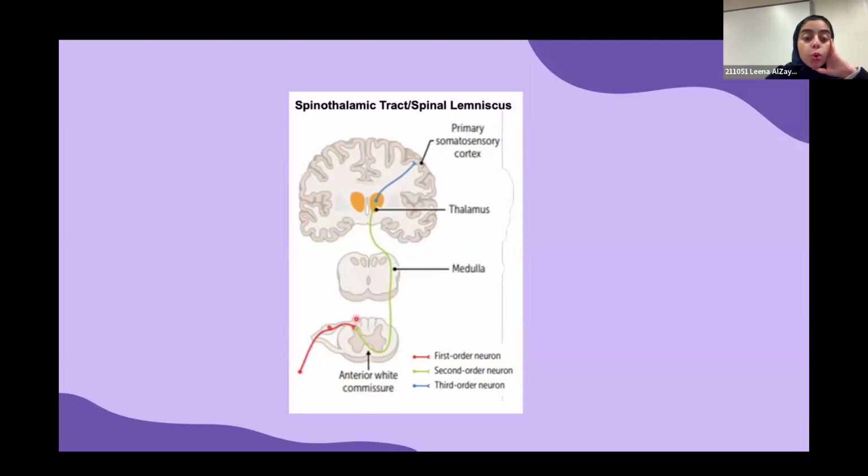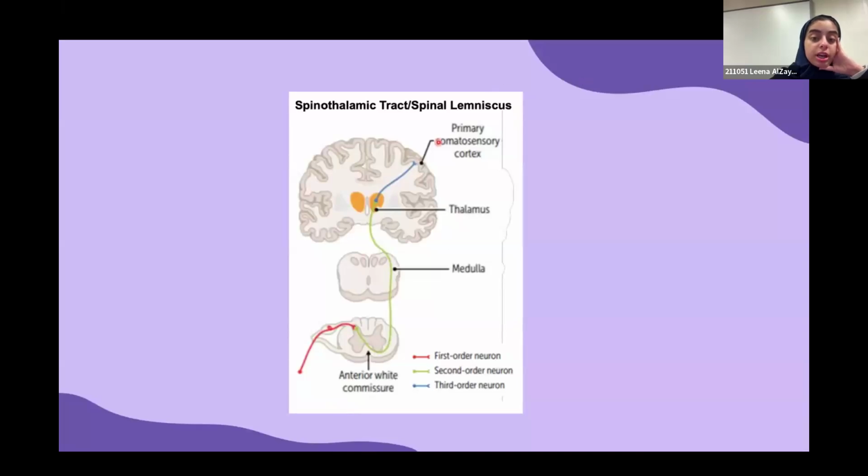Then it decussates at the level of the spinal cord, goes up, and becomes contralateral. So any injury above the decussation is contralateral, while on the level of the spinal cord it's ipsilateral, okay?